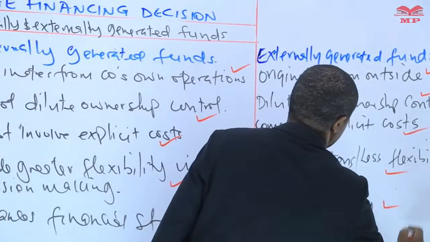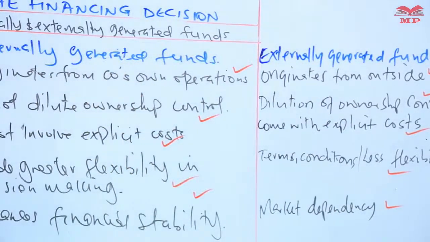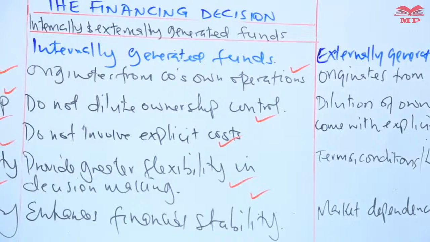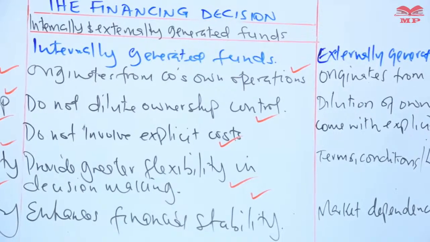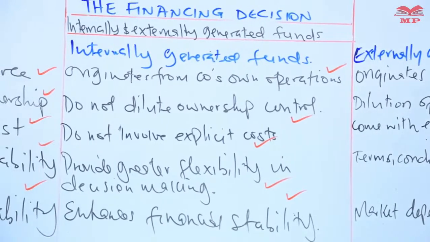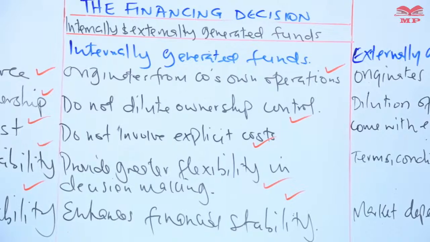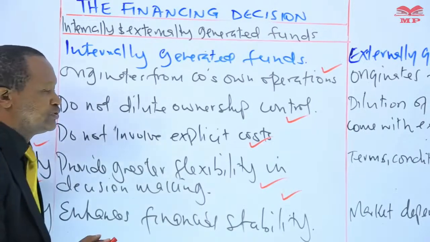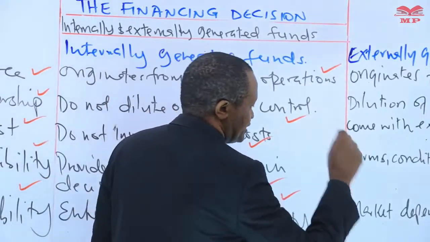There is market dependency. Companies relying heavily on external financing may face challenges during economic downturns or in volatile markets, because such funds are subject to market conditions and investor sentiments.